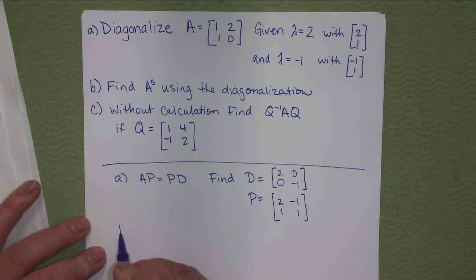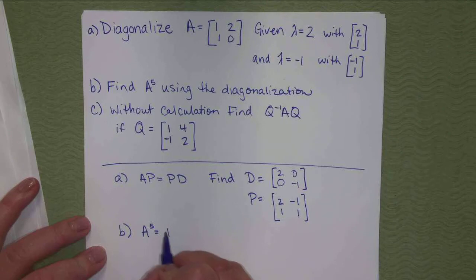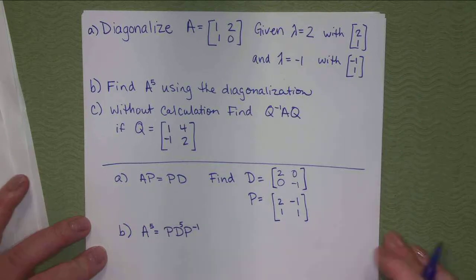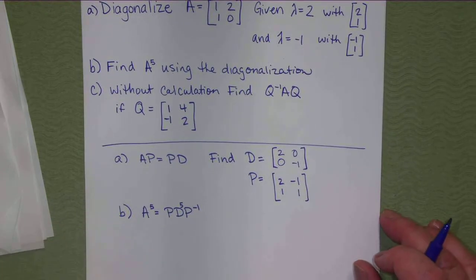Part B says find A to the 5th. So that's what you would write down. A to the 5th is P, D to the 5th, P inverse. So what do we need to do in order to actually calculate this?